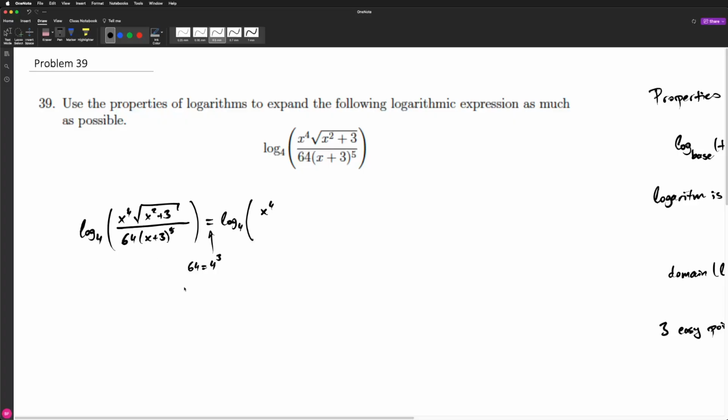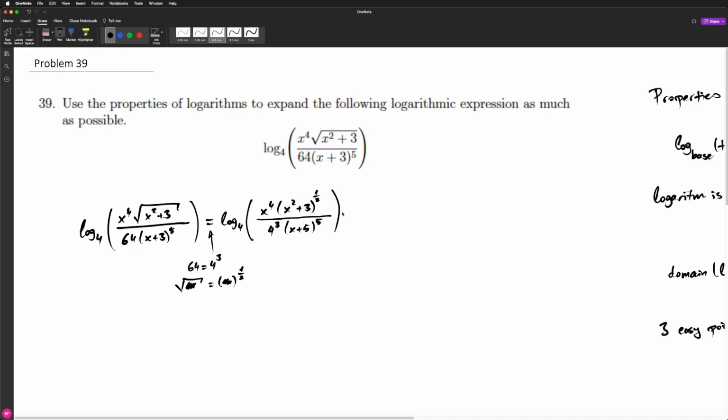And then I would also write the square root as raised to 1 over 2. So I would write the expressions inside as much as possible in terms of powers.